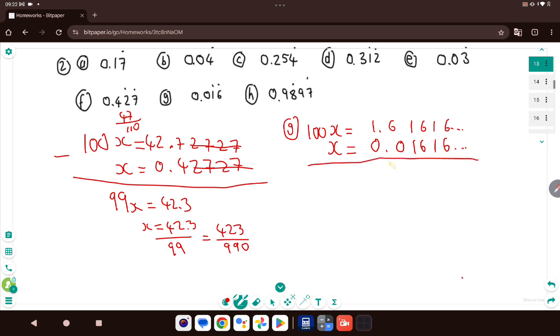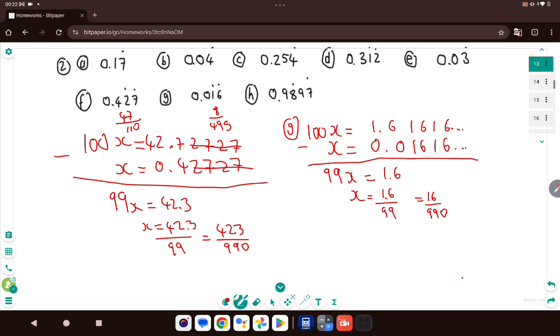Subtract 100x take away x, 99x. 1.6. It would give you 16 over 990, which simplifies to 8 over 495.